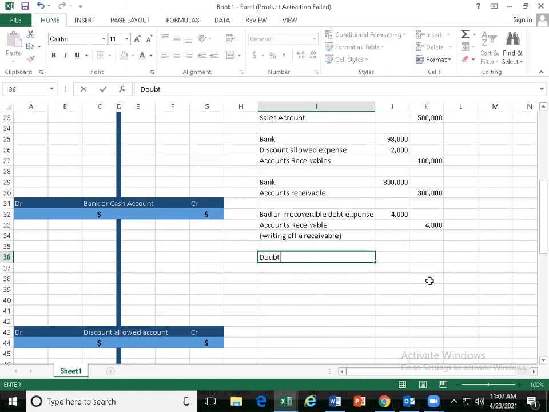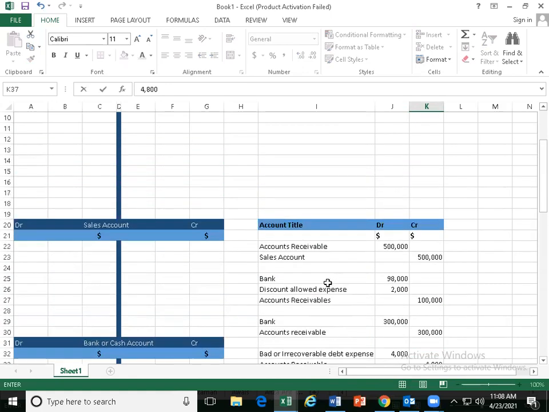They haven't become bad yet. Doubtful debt expense. You can even call it irrecoverable debt. It's fine. 4,800. And allowance or provision for doubtful debts, 4,800. Now all these double entries have been done.